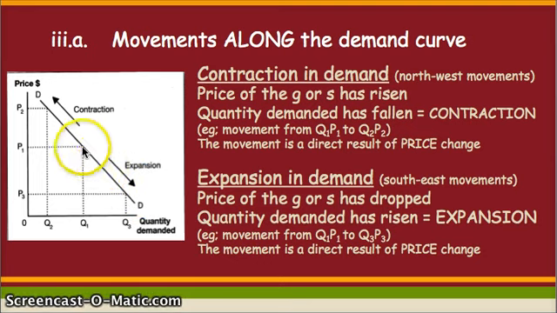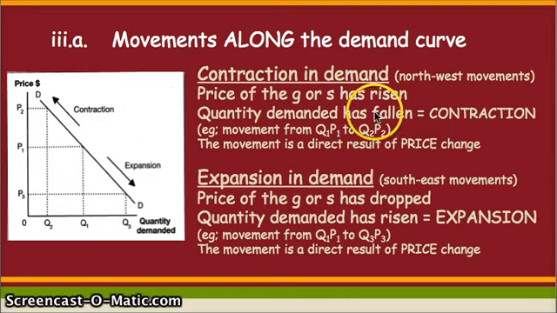The geography teacher in me likes to refer to these movements as a northwest movement and a southeast movement. So when price goes up, we go northwest and contract. When price goes down, we go southeast and expand.